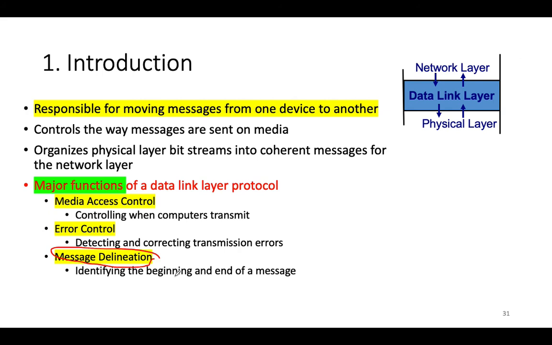The message delineation means that you have to send a message, okay? I'm not sure if you have used Wireshark as a software before or not. However, when you send data, if it's more than 1500 bytes, it breaks down into different pieces.